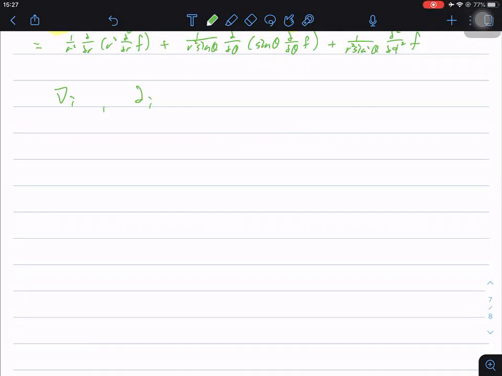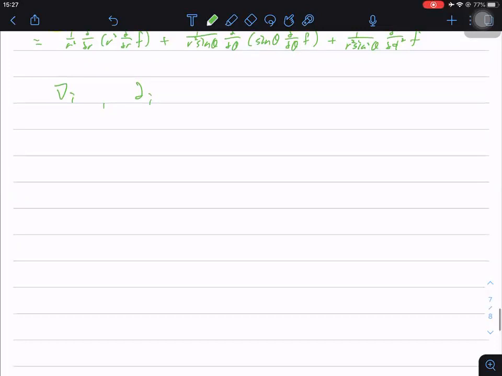First of all, for scalar function, they have no difference. But why in some cases they are differed by an extra Christoffel symbol is that when we consider the derivative of the vector field itself. Okay, let me give you an example.